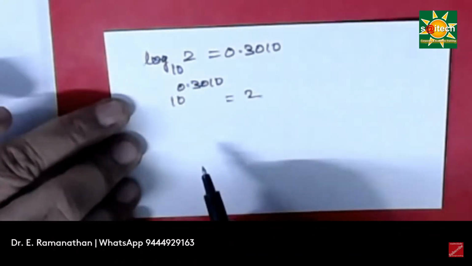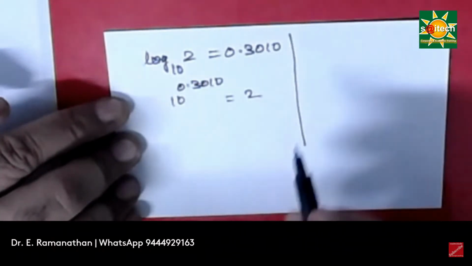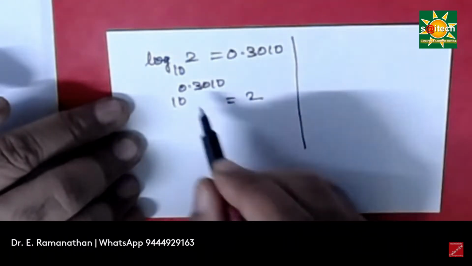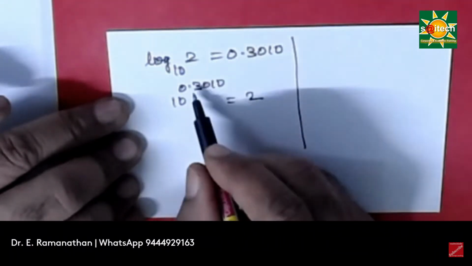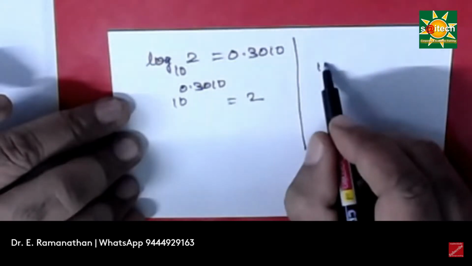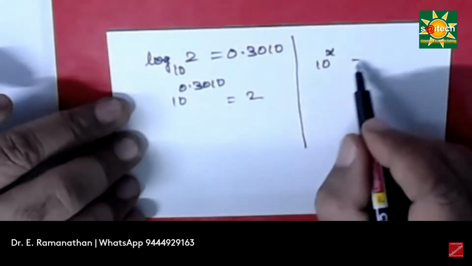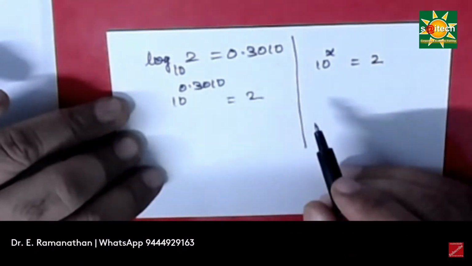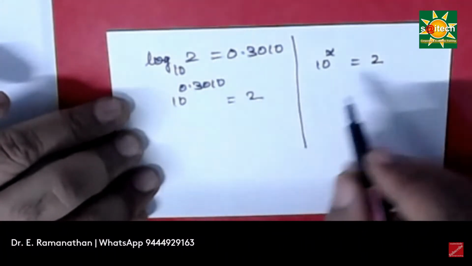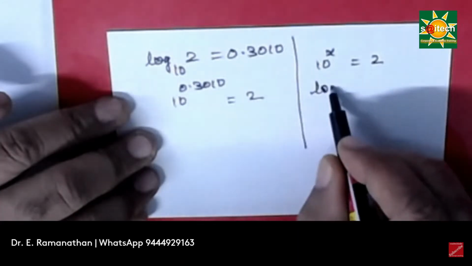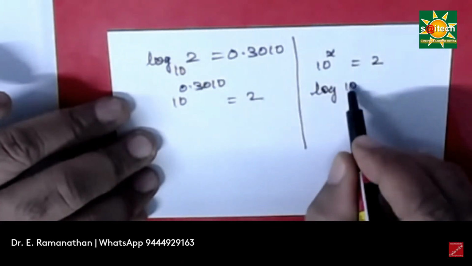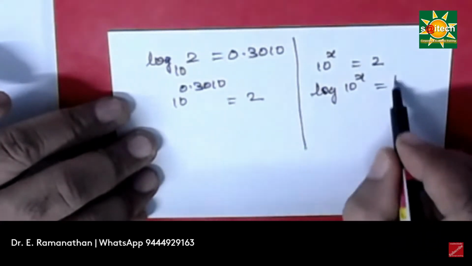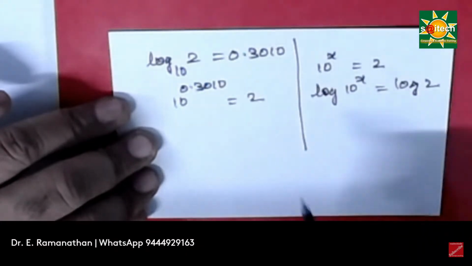Got it? So now let me say I do not know this value. Put x. So 10 power x is equal to 2. Now what am I supposed to do? Taking log on both sides. So log 10 power x is equal to log 2. Got it?